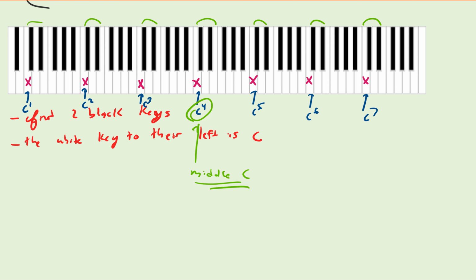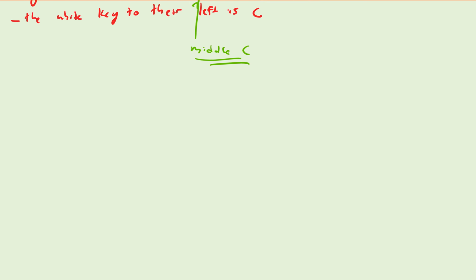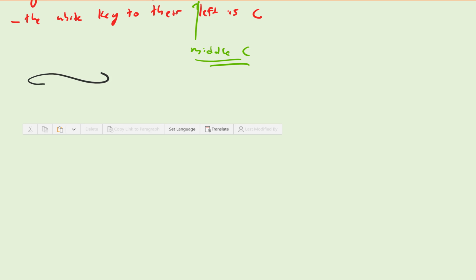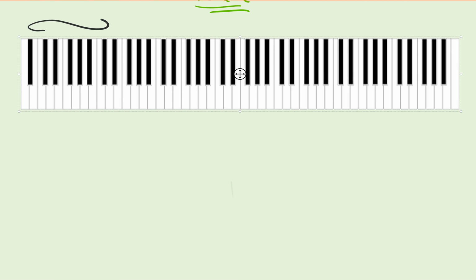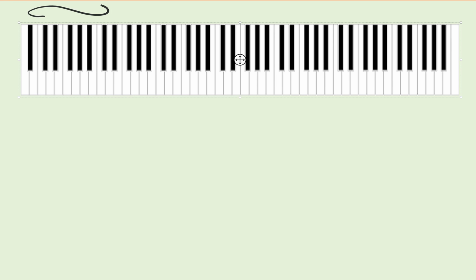Okay, so let's see if we can describe the rest of this keyboard to see where all these notes are located. Let's bring up our keyboard again. Alright, so let's start here with this C. This is going to be C1. So what are these notes to the left of it? Well, this is going to be B1, and this note right here is going to be A1.